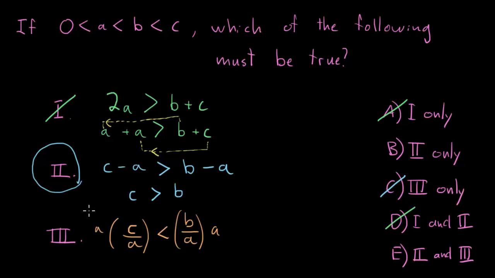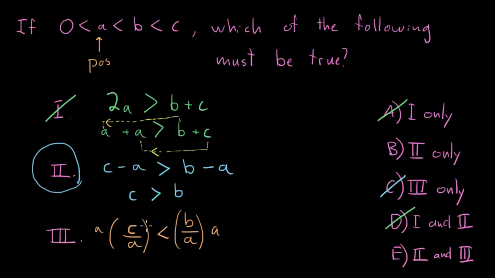The answer is a little bit complicated, but it's an important answer. The answer is yes. In this scenario, for this question, I can. But the only reason I'm allowed to do that is because I'm told that a is greater than 0. I already know that a is positive, and therefore I am allowed to multiply both sides of this inequality by a.